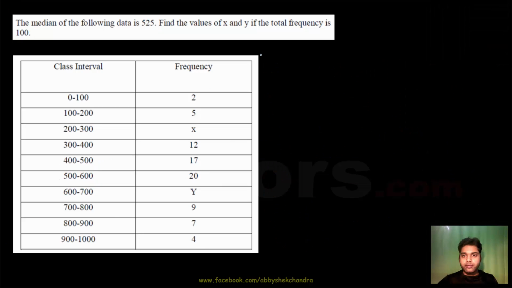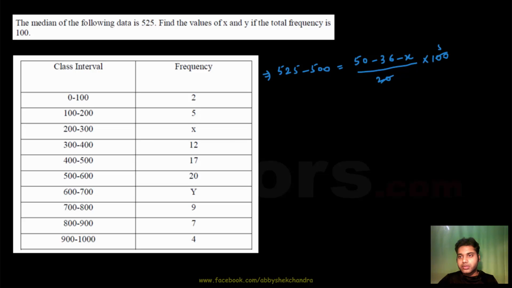Fine, we'll get 525 minus 500 equal to 50 minus 36 minus X by 20 into 100.